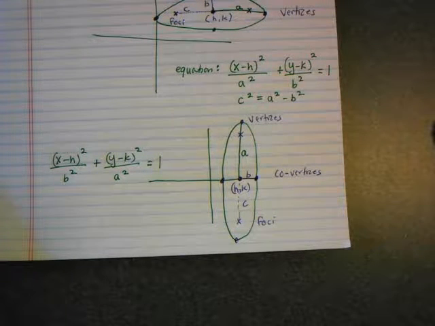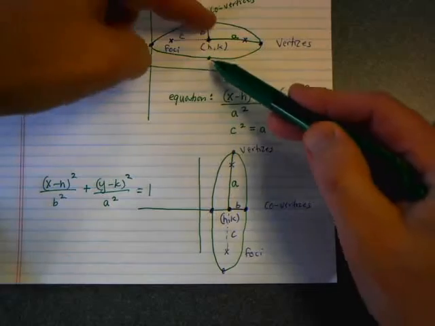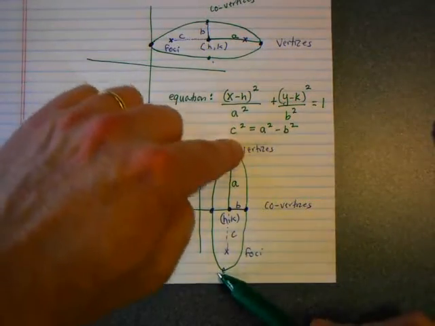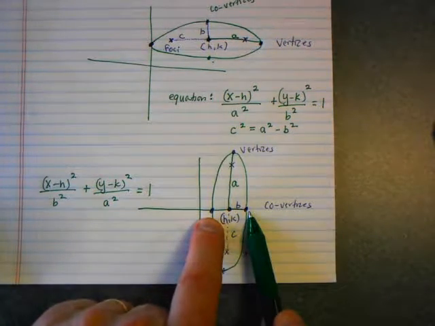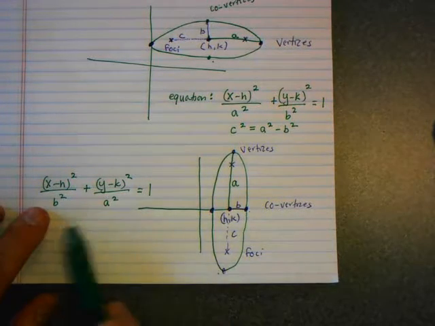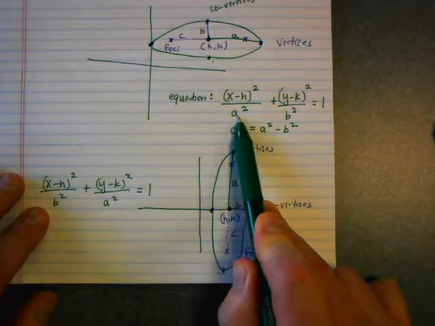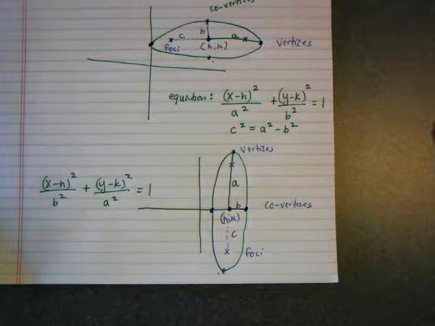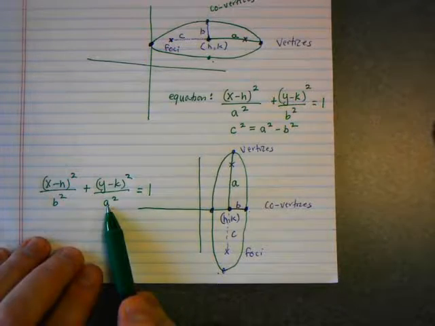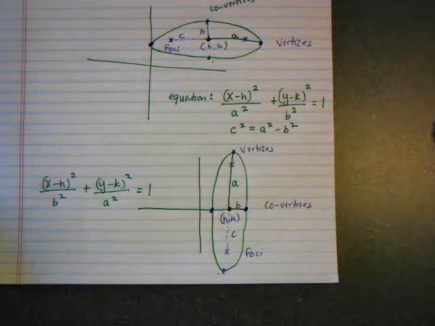So if I give you an equation, how do you tell if the ellipse is long but not very tall versus tall but not very wide? A is always the bigger of the two numbers. So if the big number is under the x, the ellipse is long and not very tall. If the big number is under the y, the ellipse is tall but not very wide.